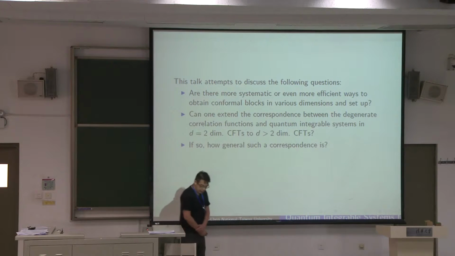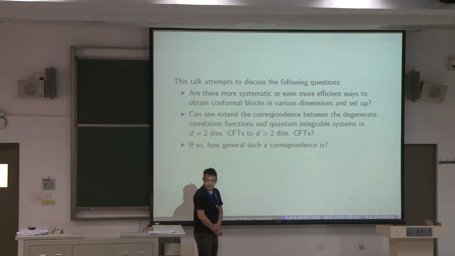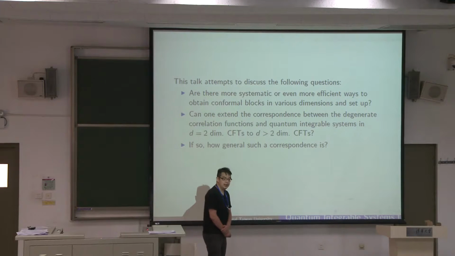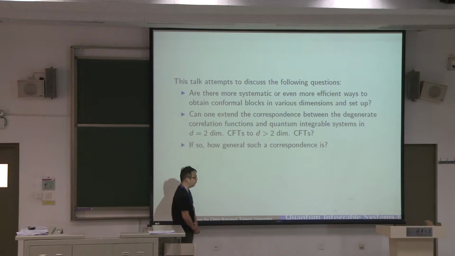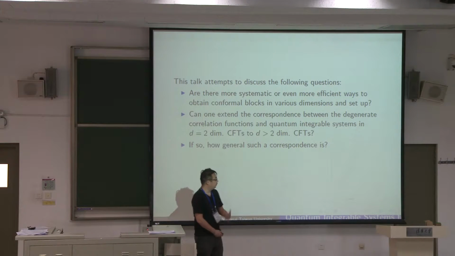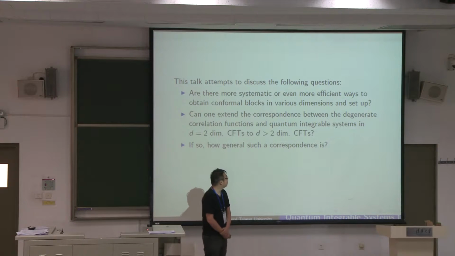So the new spin of the game here is really trying to understand the underlying integrable structure inside those conformal blocks. I guess this is a direction which has been less touched upon in the bootstrap community, which is more focused on trying to obtain things like scaling dimensions or OPE coefficients by numerical methods.